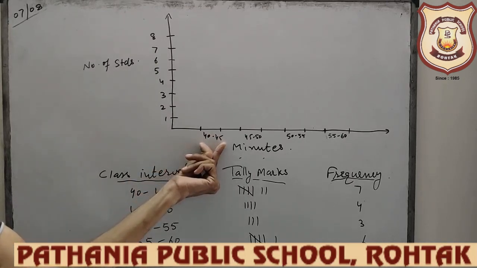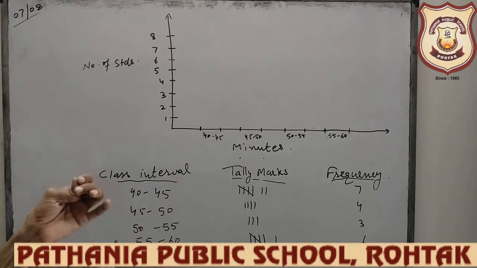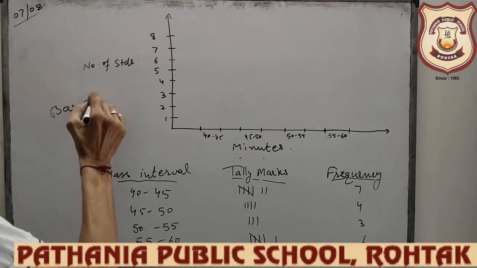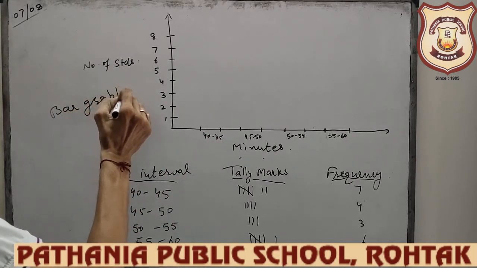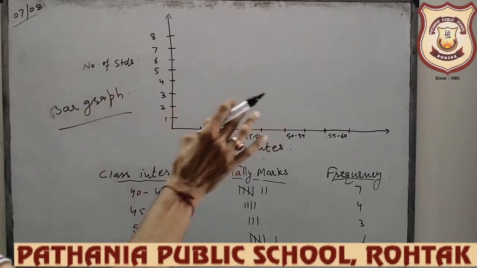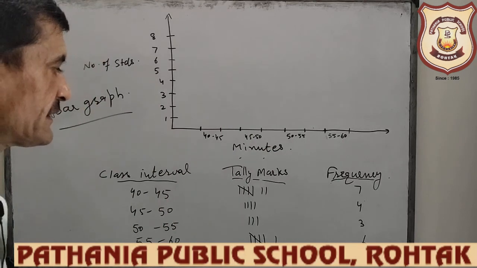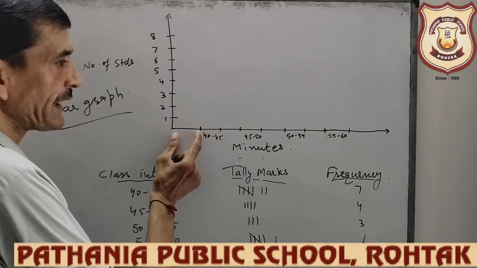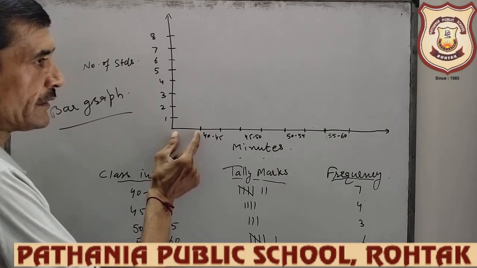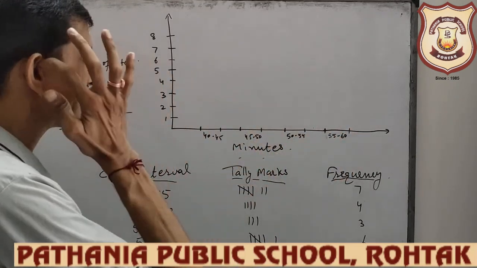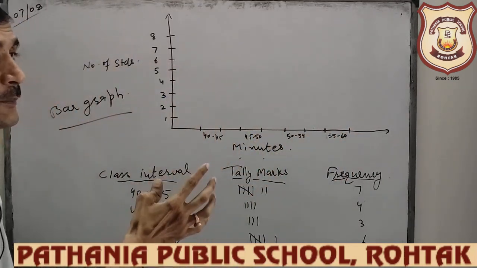We are going to draw a bar graph. Bar graph means there is a constant difference between all the rectangular bars. Just like this, 40, leave some gap in between, either leave a half centimeter gap, or you should use graph paper.